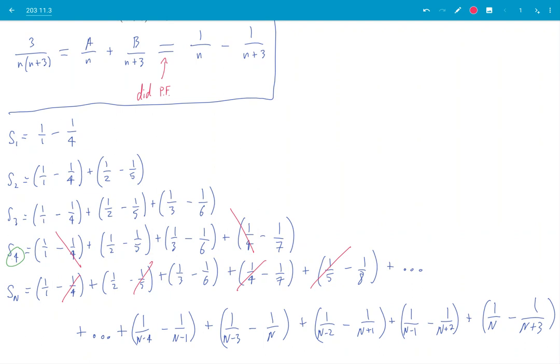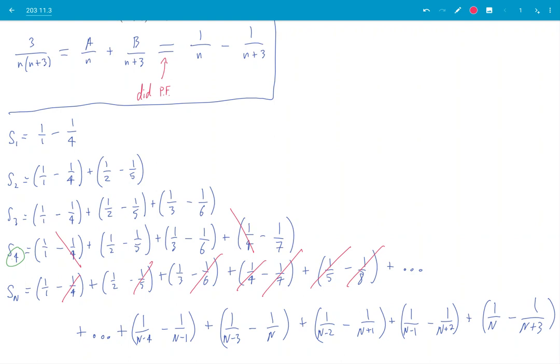I conclude that the sixth is going to go away, the seventh, the eighth, it's going to go away. But the 1 over 1 will survive, the 1 over 2 will survive, and the 1 over 3 will survive.